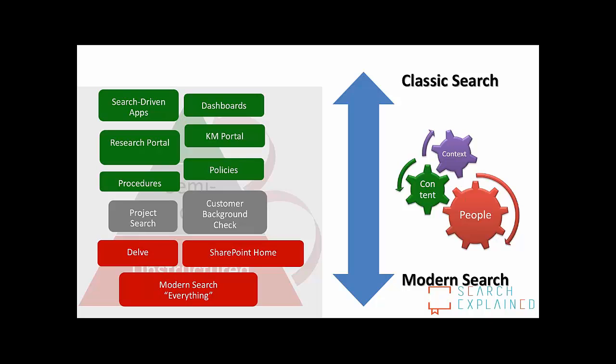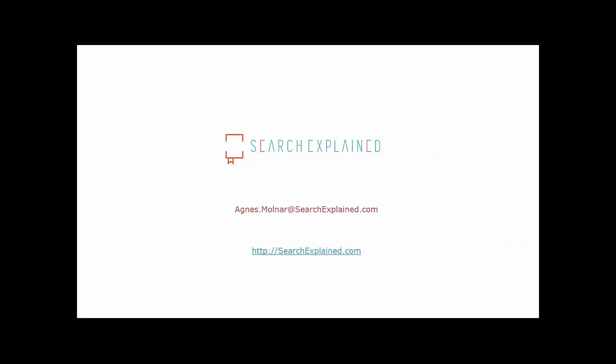So just as you add more and more structure to your content, you can have richer and richer experiences and portals and search-driven applications. So that's what I wanted to show you today.